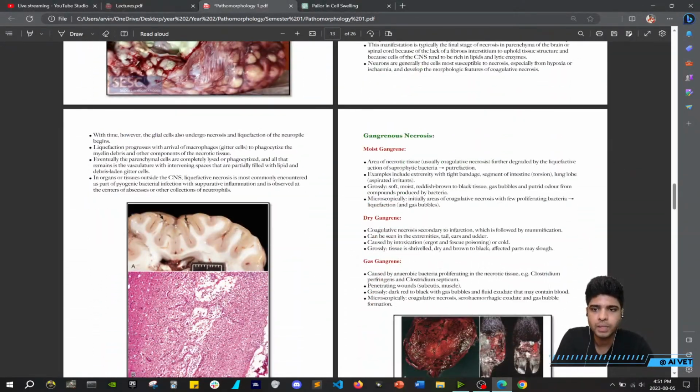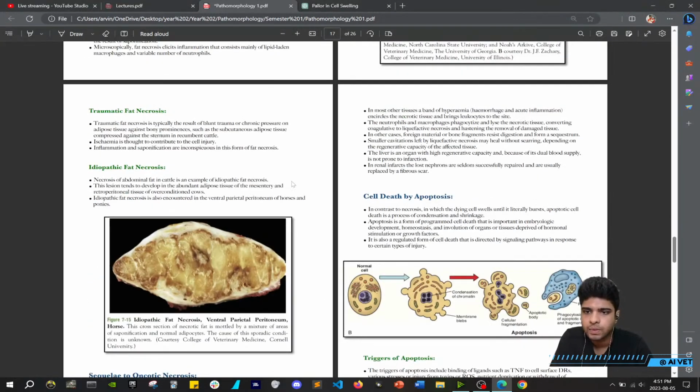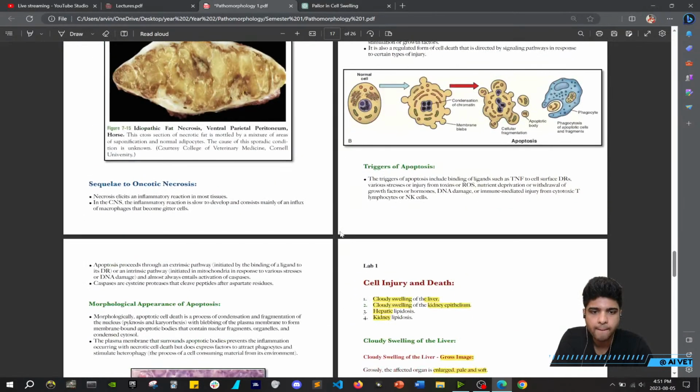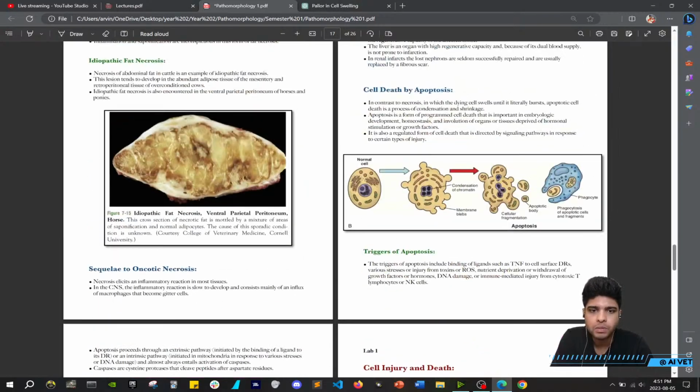Okay, all of them are there. And then necrosis of adipose tissue, how fat cells die, and then apoptosis of cells.